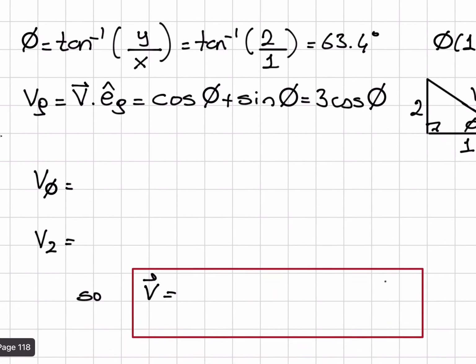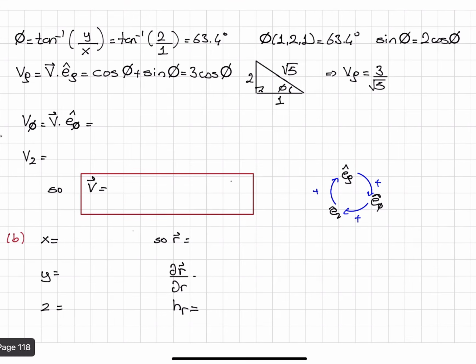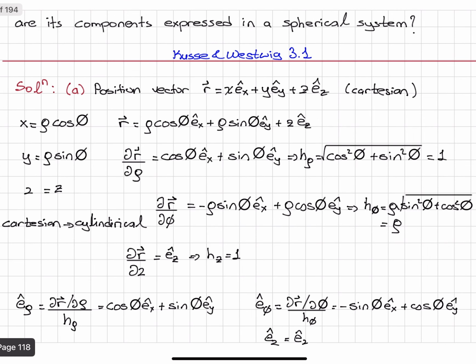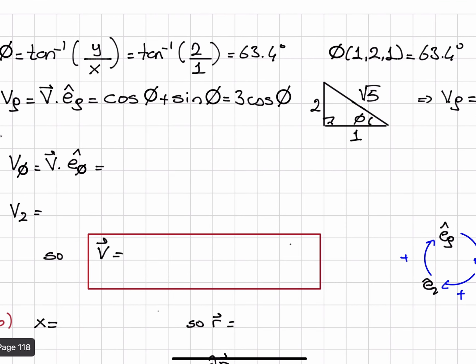Now the phi component, v phi, is the dot product of vector v with e phi hat direction. And e phi hat, remember, we have found to be minus sine phi ex hat plus cosine phi ey hat. So the dot product will give us minus sine phi ex hat dot ex hat plus cosine phi ey hat dot ey hat.